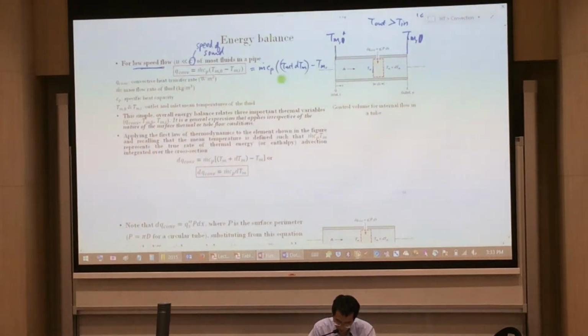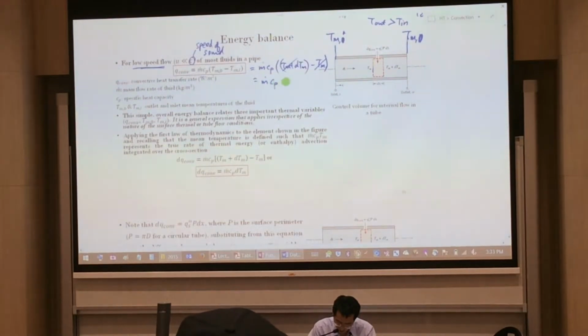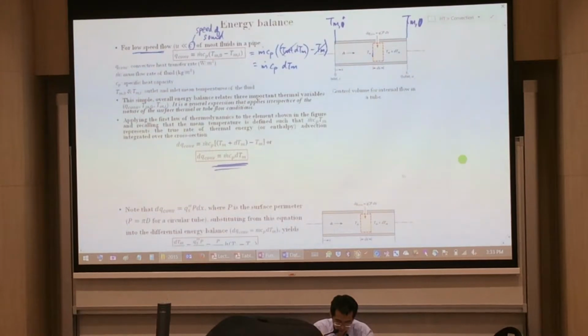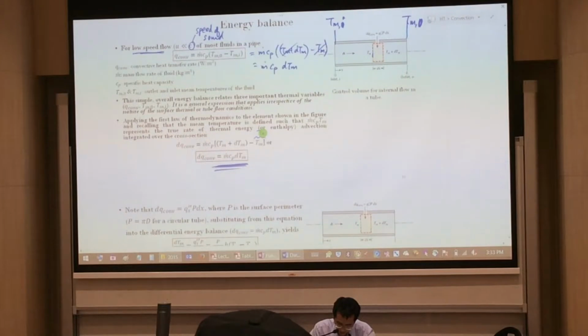So if I were to solve it, this and this would cancel out, and I'll get m dot Cp dTm, and that's this equation that's given over here. Okay. So that's to say this part here is actually my Tm inlet. That part here is my Tm outlet.